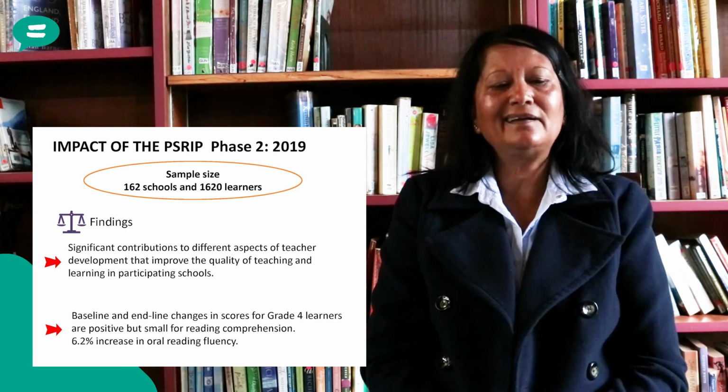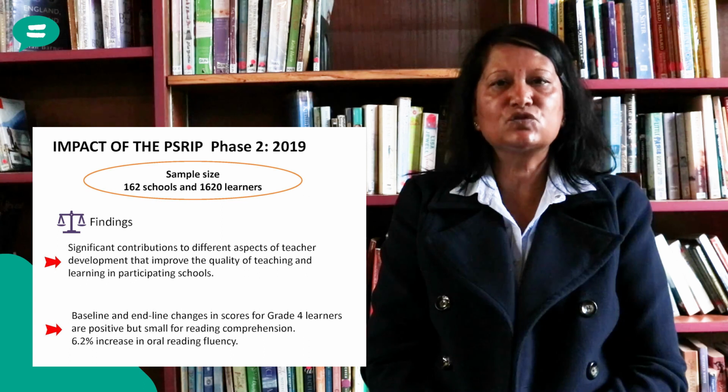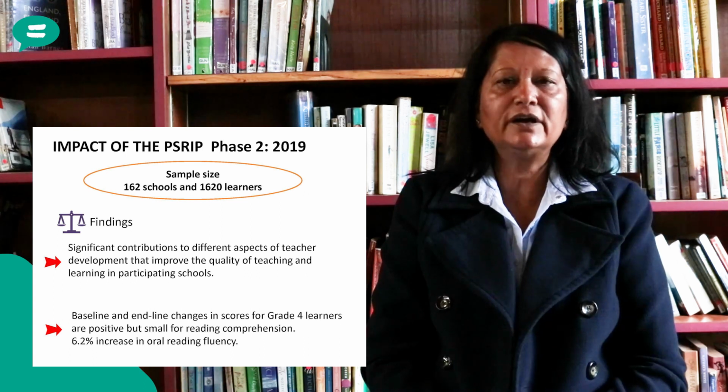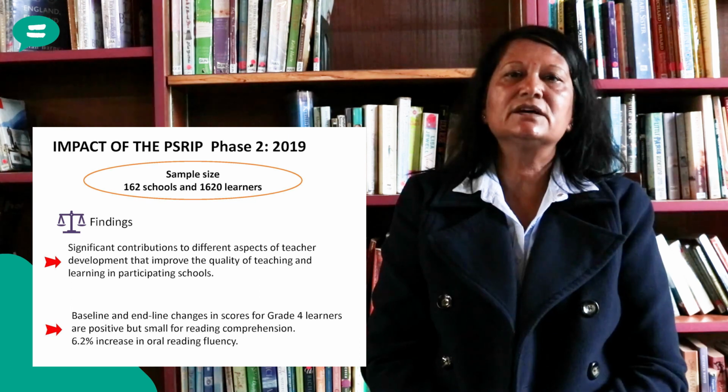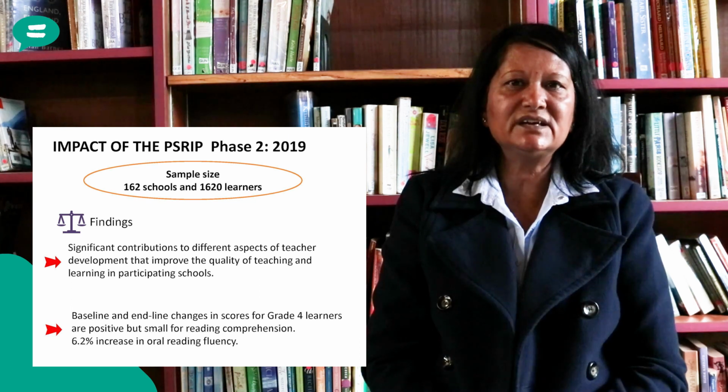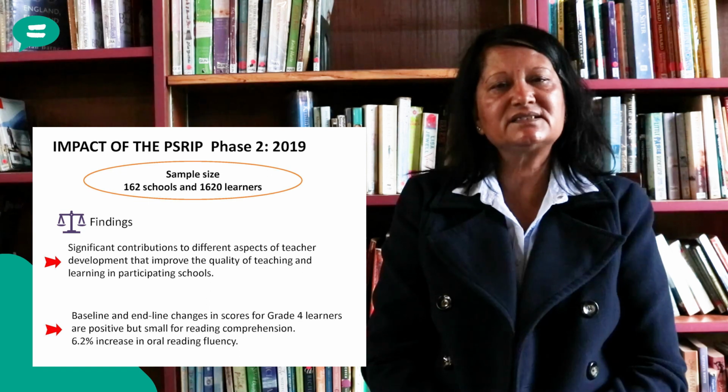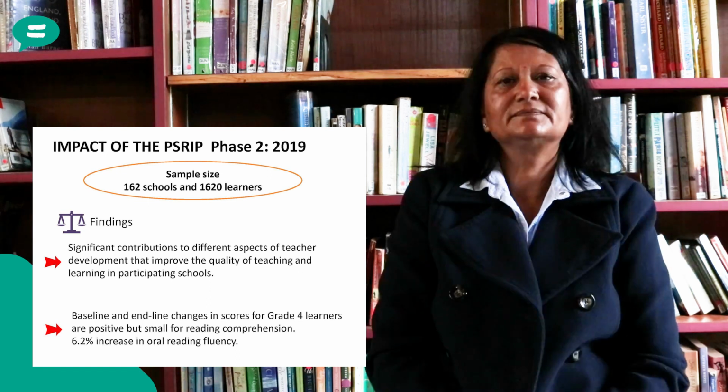The baseline and endline changes in scores for reading for grade 4 learners were positive but small. In terms of oral reading fluency, the change was pegged at 6.2%.